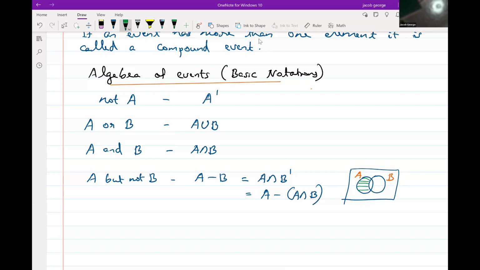Next important one is neither A nor B. In set also you have seen this one. What is neither A nor B? Do you remember? In set you have studied this one.